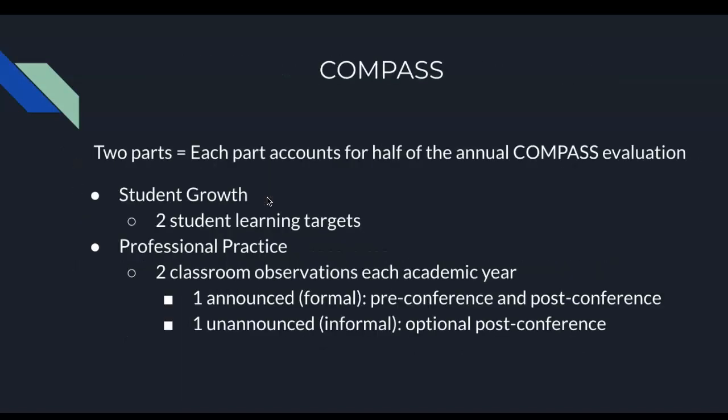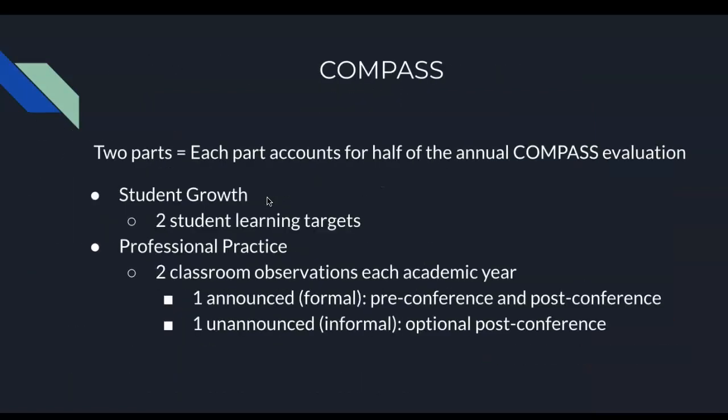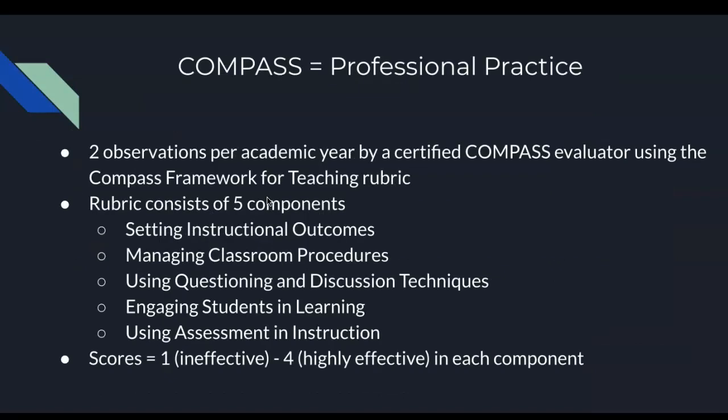And I want to go back to our NIET rubric. Look at these indicators right here. They're really very, very similar to these 5 components. In my opinion, the NIET are just broken down a bit more.